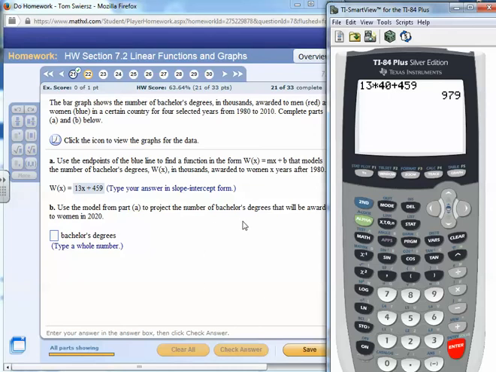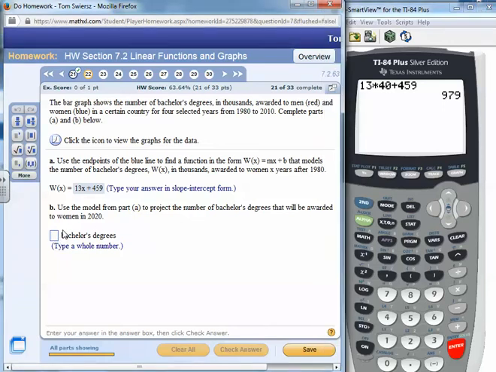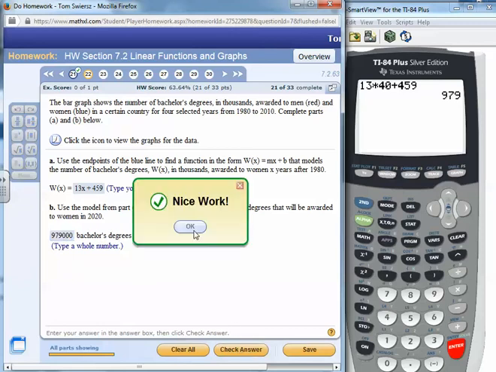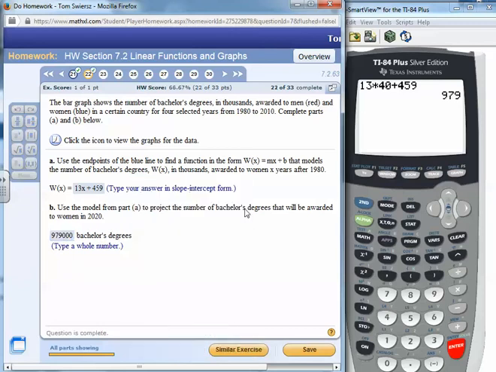But that's the number of bachelor's degrees in thousands, so it would actually be 979,000. You'd have to add 3 zeros, because remember it was in thousands. So 979 really represents 979,000 bachelor's degrees. Very good.